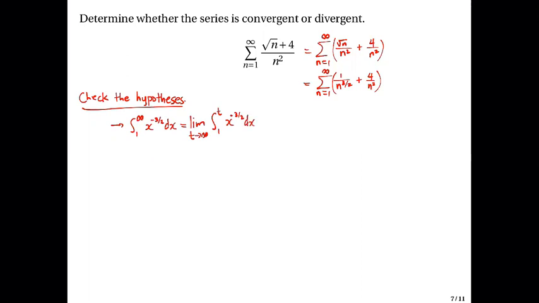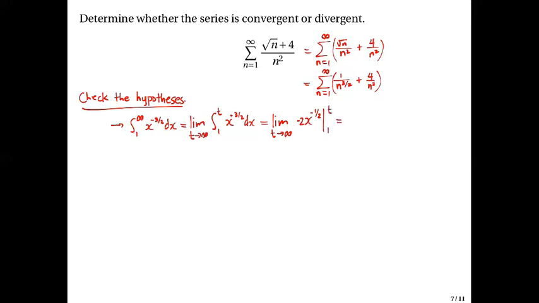And you know, integral of x raised to negative 3 halves, that's easy to calculate. So we have the limit as t approaches plus infinity of x raised to negative 1 half divided by 1 half. So you have negative 2 here. Then you evaluate this from 1 up to t.